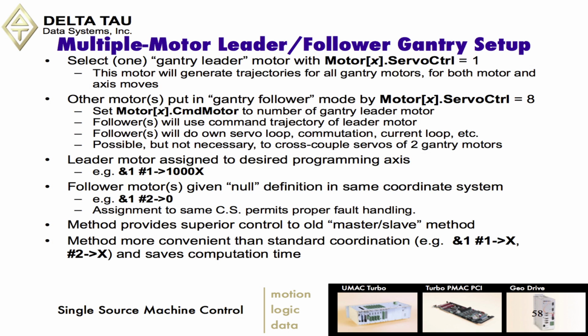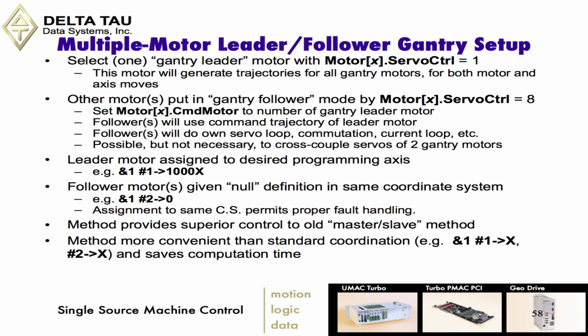Let's talk a little bit about the leader gantry follower setup. The motor servo control for the gantry leader is set to 1, and the gantry follower servo control is set to 8, and then there's another structure name that will tell this motor to look at the value in that structure name for its leader motor.